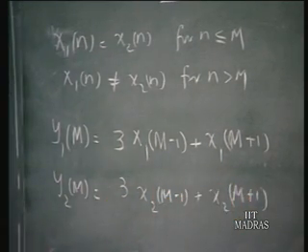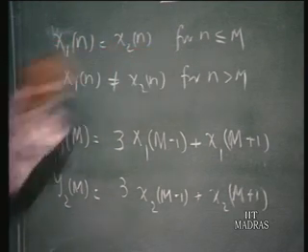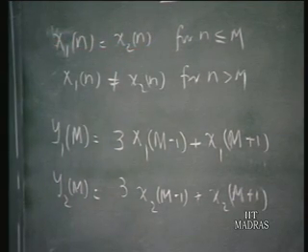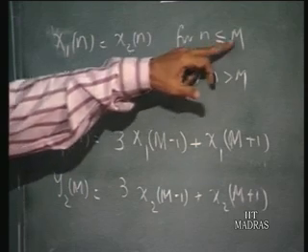So we have two inputs which are identical up to the Mth sampling instant. We would expect the outputs also to be identical up to the Mth sampling instant.